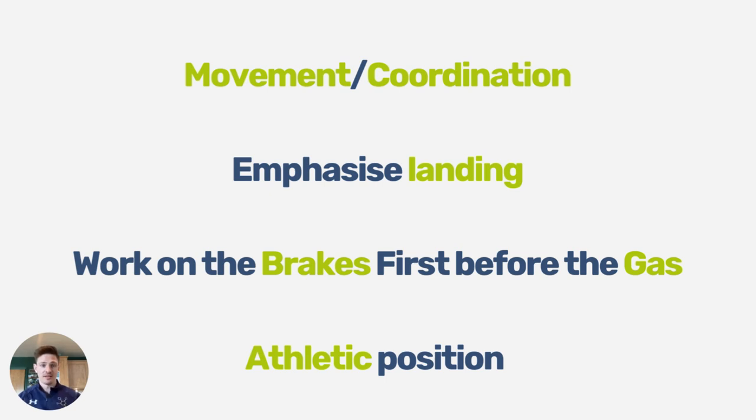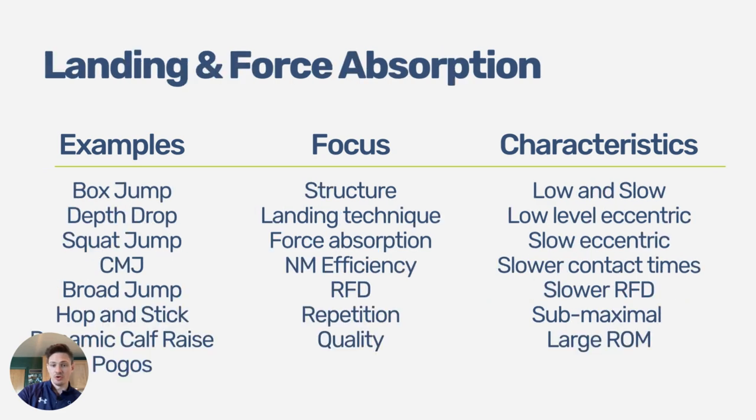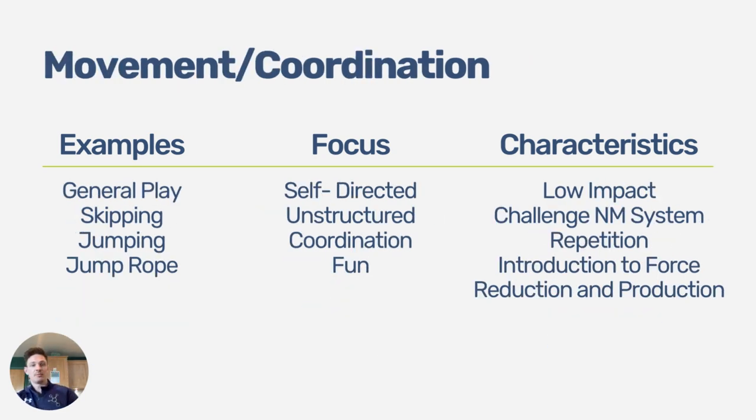This phase is just getting people used to the movements and being able to coordinate them, no matter what physical level they're at. Again, focusing on the brakes first before the gas, and we want to drill what we'll look at in a second, that athletic position. So basically the position at which we can produce the most power.